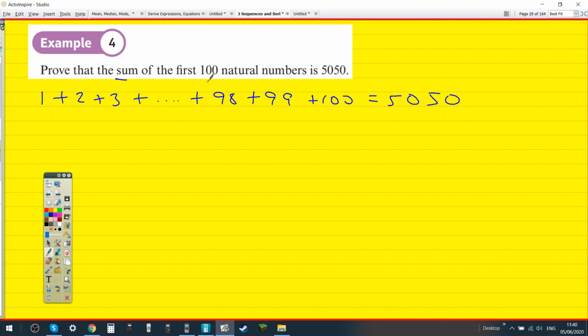So sum of the first 100 natural numbers. How do we do this? The trick is to add the first and last, second plus second last, third plus third last, and so on. You get 101, 101, 101.